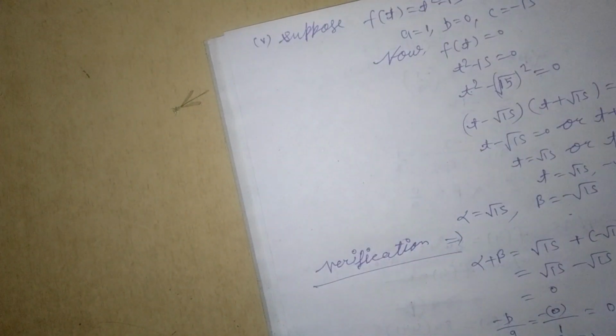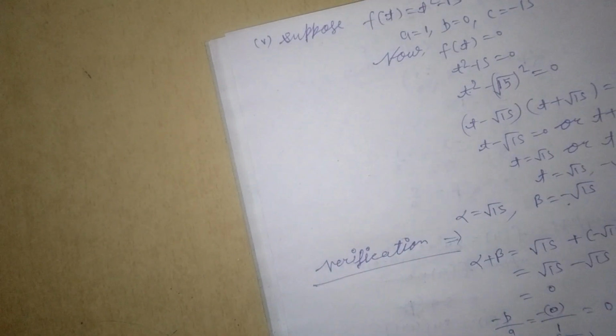So first you will take 4 as the LCM, so you will get 4x square minus x, and minus 4.